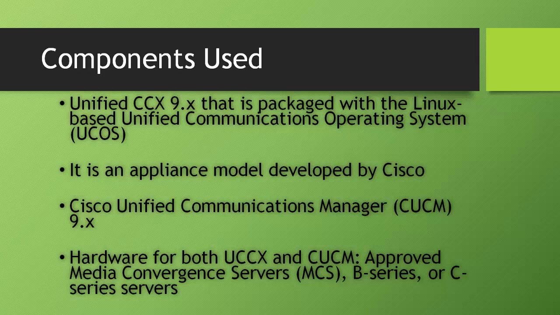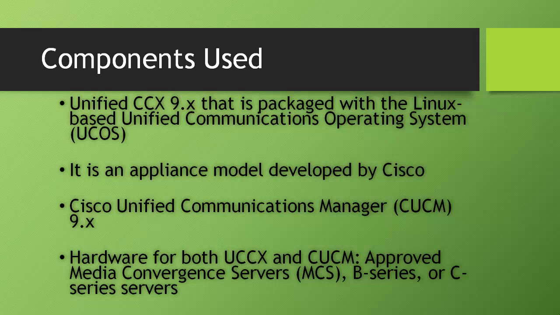There are multiple advantages of using the unified operating system because it's more secure and robust. It makes the installation and patching of the server simpler compared to the Windows-based appliance. We would be using Cisco Unified Communication Manager 9.1.2, which is compatible with CCX version 9.0.1. I already have the Unified Communication servers installed in my lab, so we would be using those servers for our discussion.